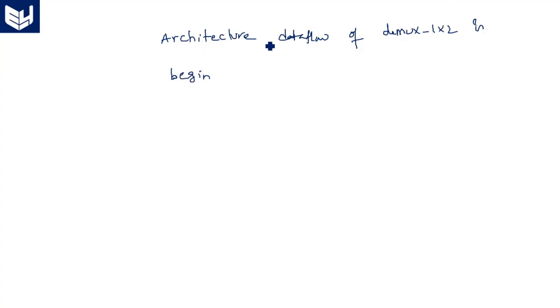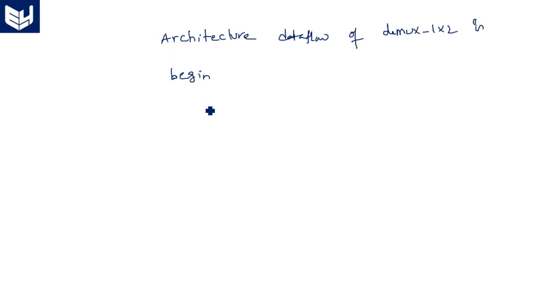So here we are writing the behavior of the demultiplexer. What is the output? Two expressions we have written. Y0 is equal to D into S bar, y1 is equal to D into S. Now the same expressions we are writing in data flow model. We know very well, in data flow model directly we are writing the code on the expression itself.